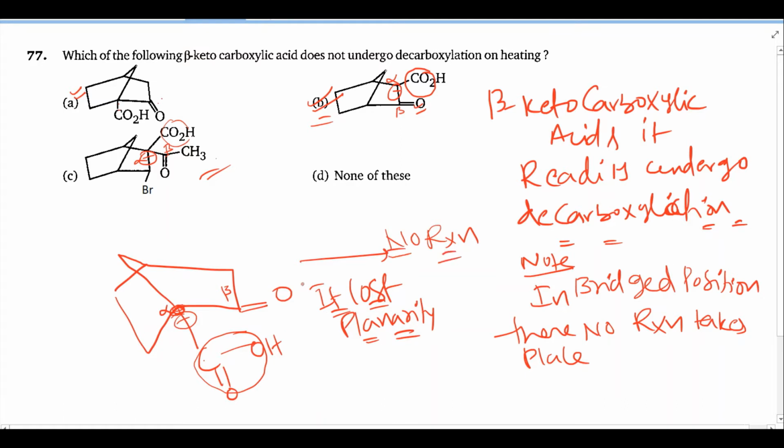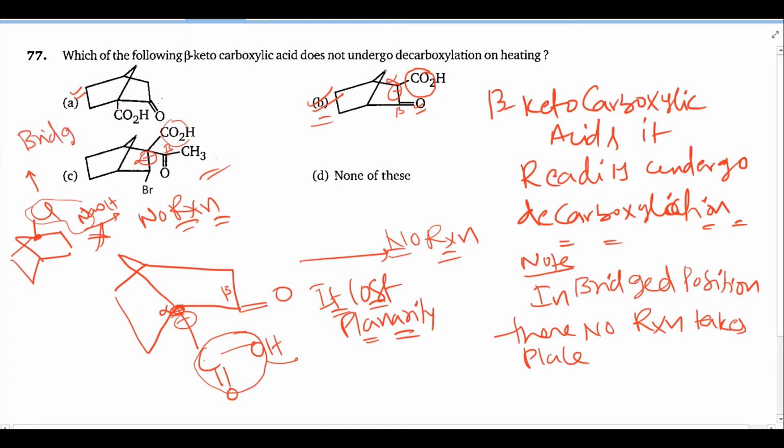So this is also the reason decarboxylation does not take place. Suppose you take an example with Cl. If you add NaOH, NaCl is not going to be eliminated; no reaction. Why? Because the chlorine is present in the bridged position. You can take another example like this: here there is a bridged carbocation.